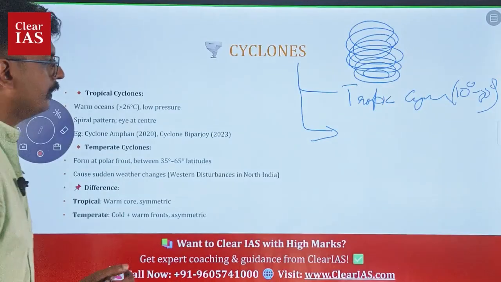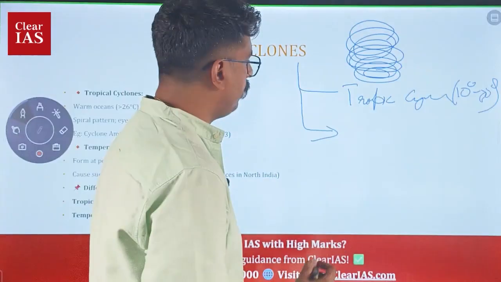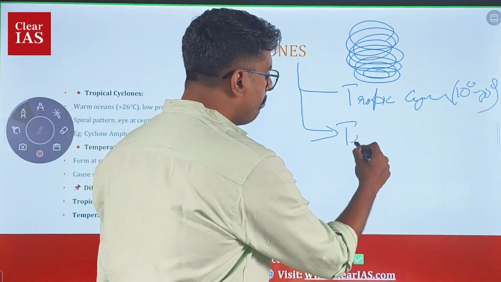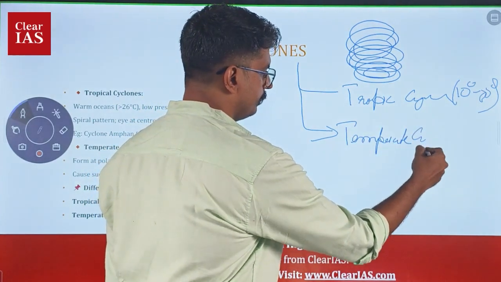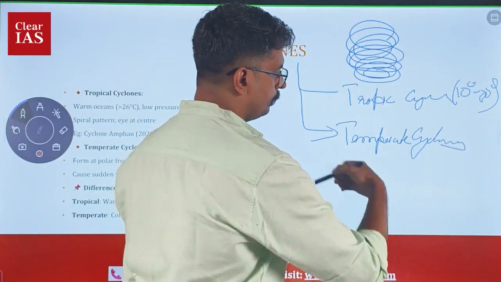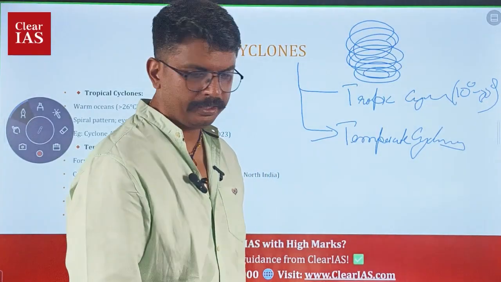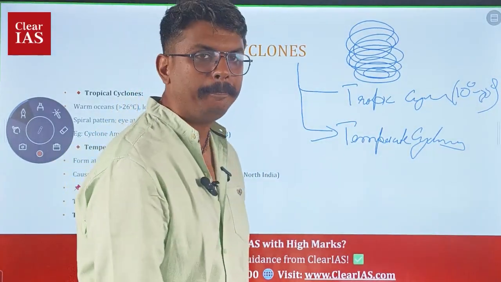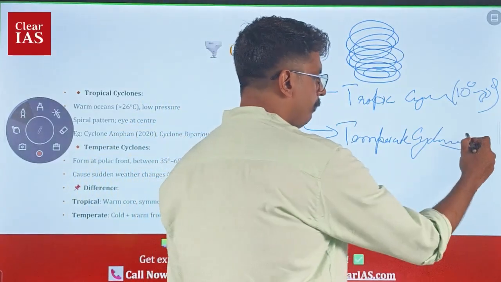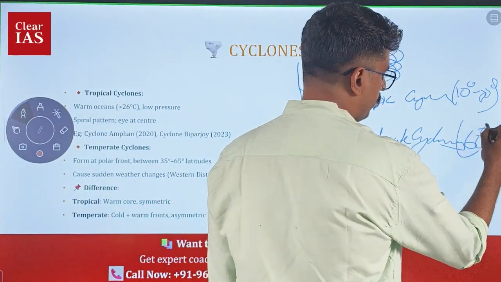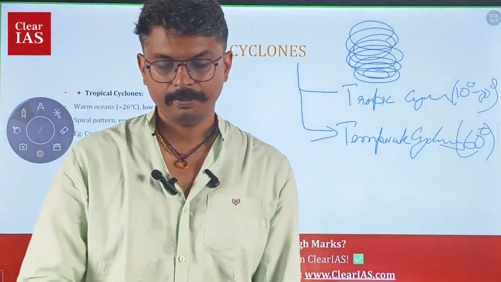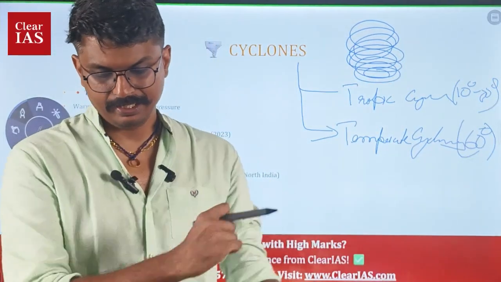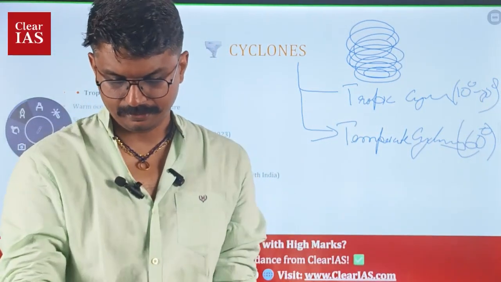The second type of cyclones are temperate cyclones. We see them around 60° latitudes.